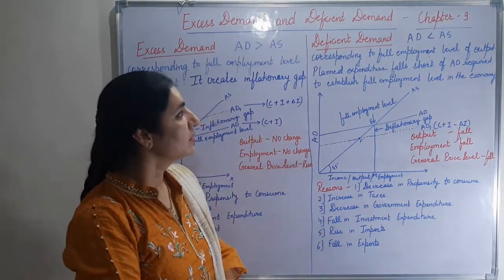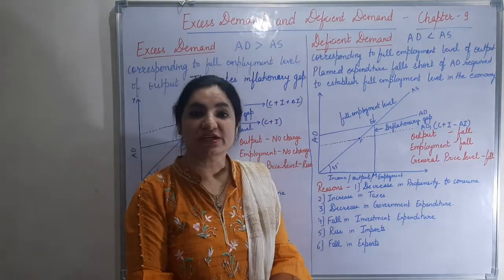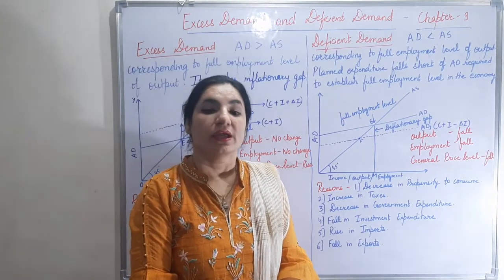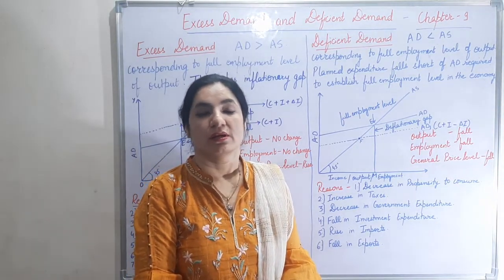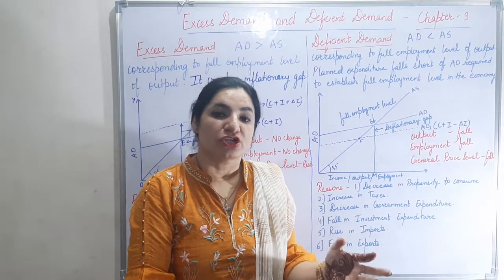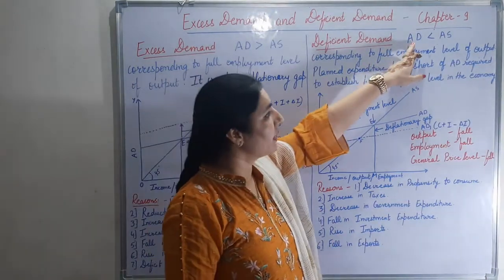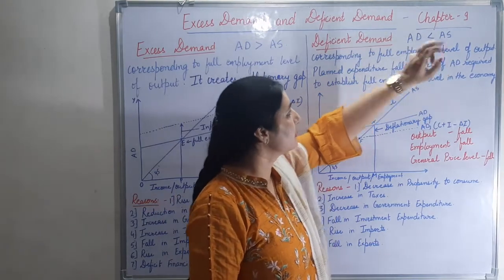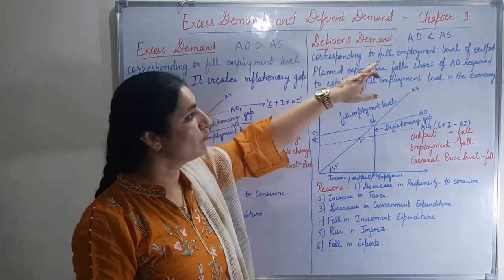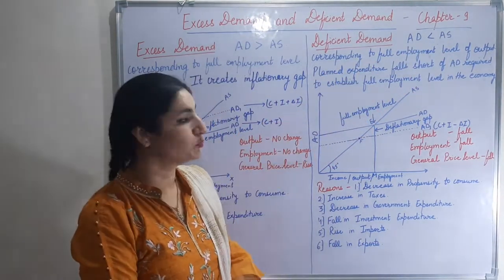Second kind is deficit demand. Deficit demand means when equilibrium level is falling short of the full employment level. Aggregate demand is less than aggregate supply corresponding to full employment level of output.